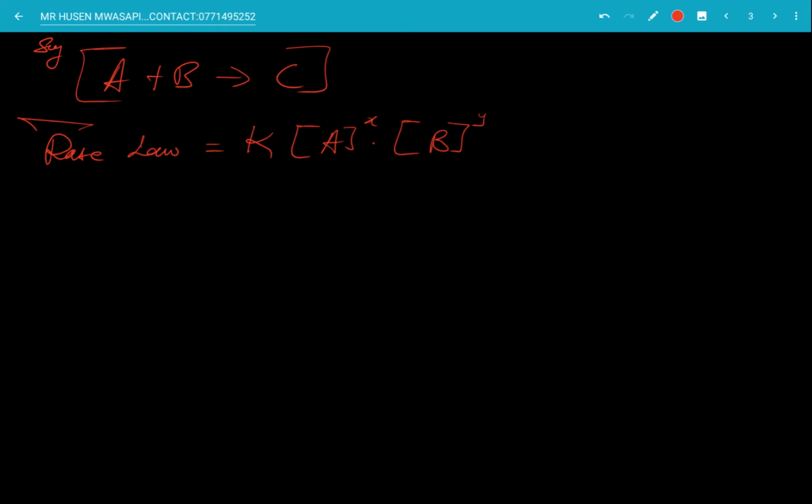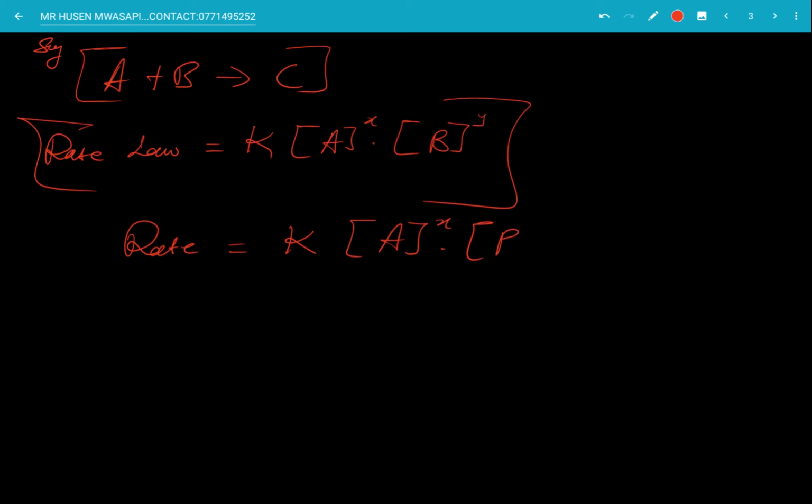Okay, so this is basically the rate law equation. One thing you should know is this: when it comes to questions, mostly the formula is written as rate being equal to the rate constant times the concentration of A raised to X times the concentration of B raised to Y. So this is the equation that we mostly use.